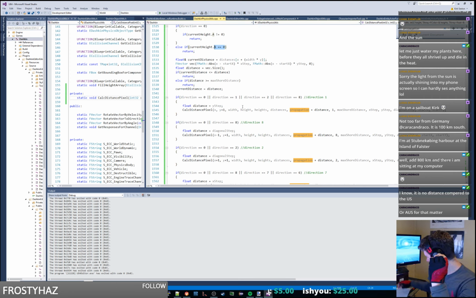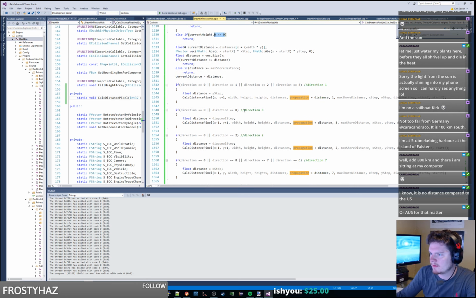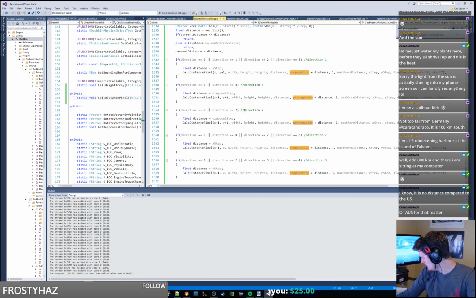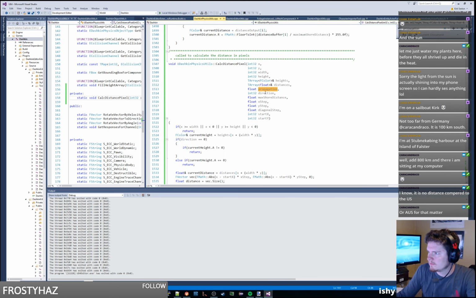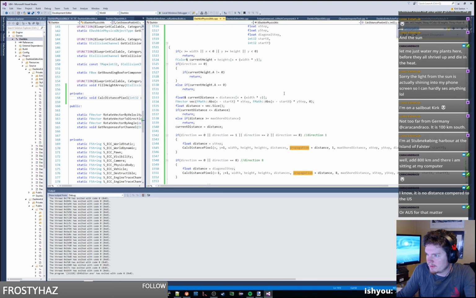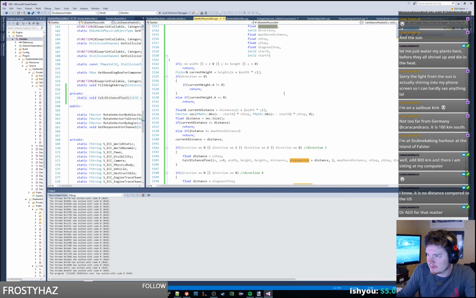And this should expand in all directions. And we don't use this propagation, do we? Yeah, we just use it there.